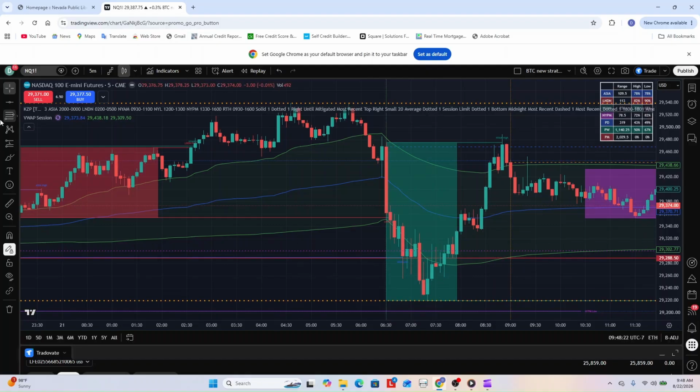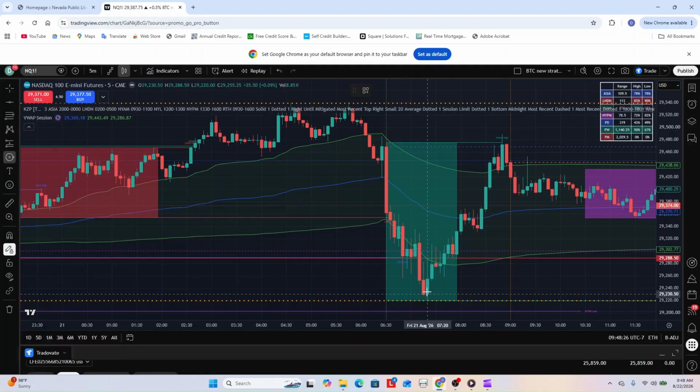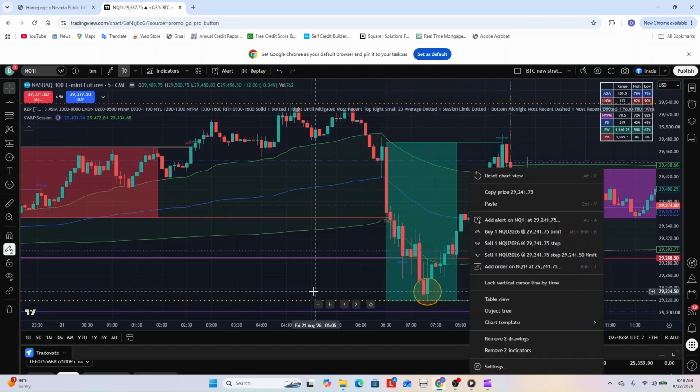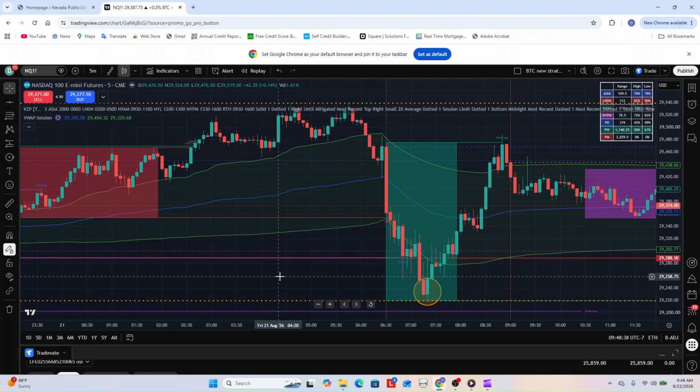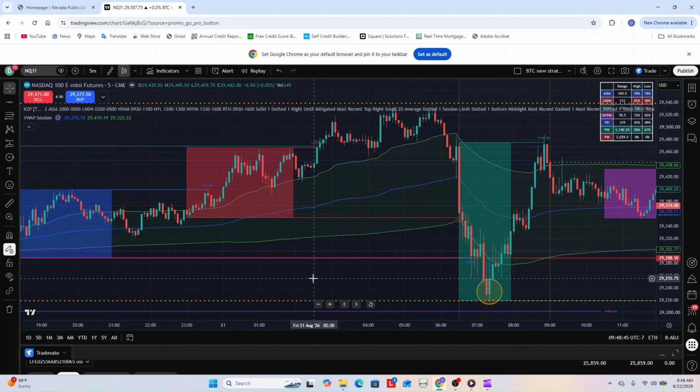So I'm going to mark out on here with a circle. Now this is Friday. Okay. So it showed up, that trading strategy showed up at least once during market session, New York session. All right. So let's move along.